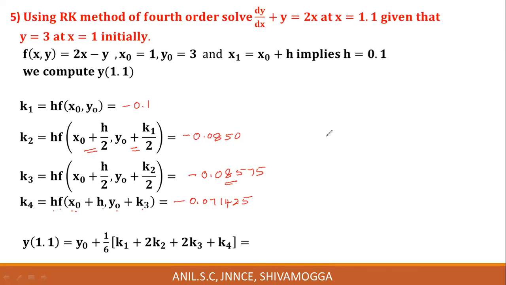Y of 1.1 is given by y naught plus 1 by 6 into k1 plus 2k2 plus 2k3 plus k4. We have all the 4 components along with this y naught.